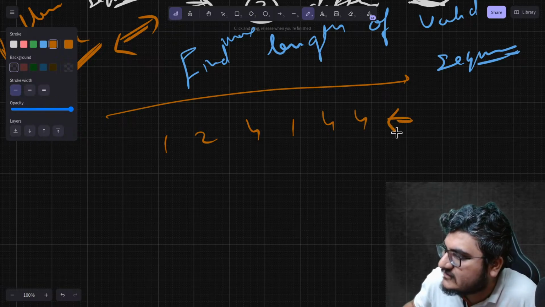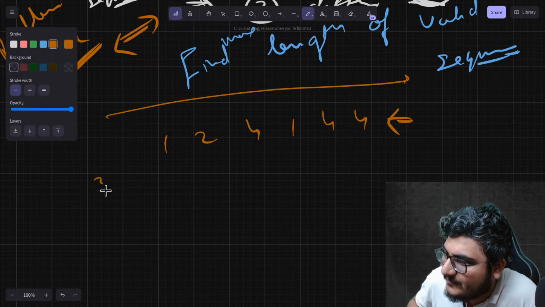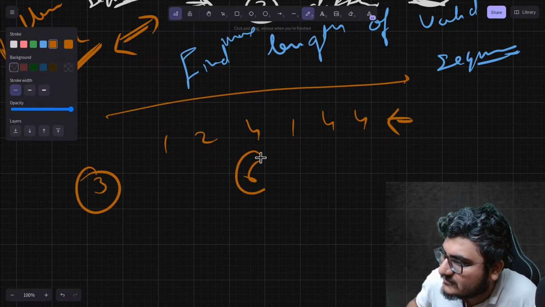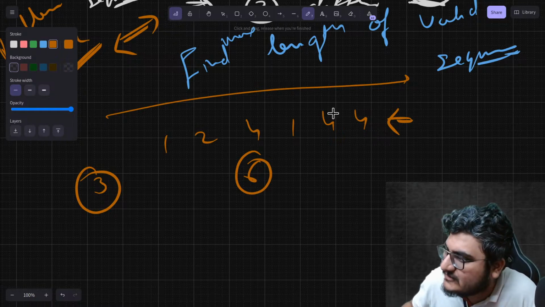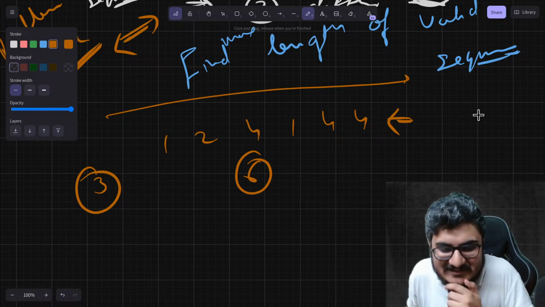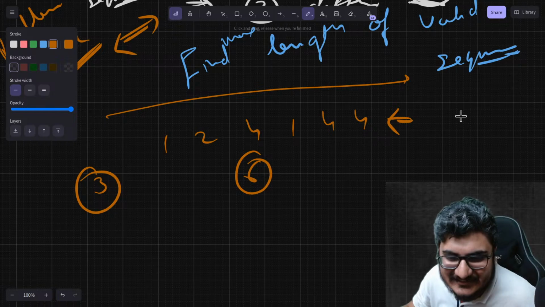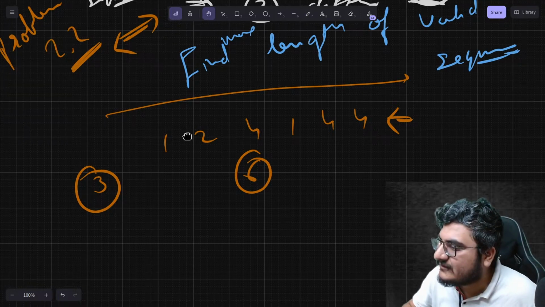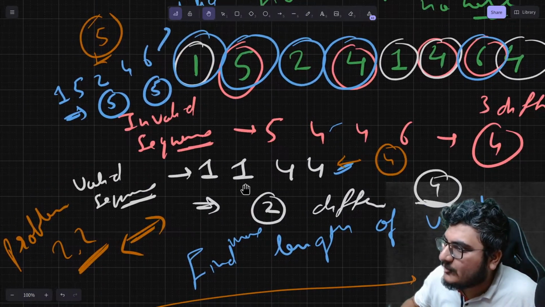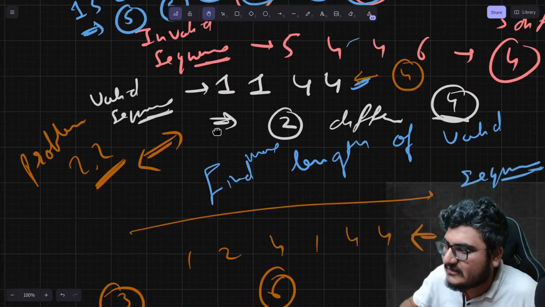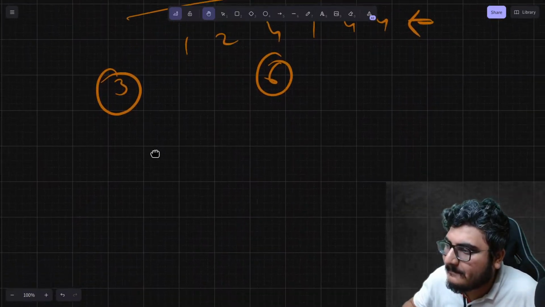Yeah, this is also a valid sequence. Total different elements are 3 and total count is 6. So the answer for that example would be 6 instead of 5. Sorry, my mistake, I did not look at it closely. So basically don't choose 5 and choose everything else.